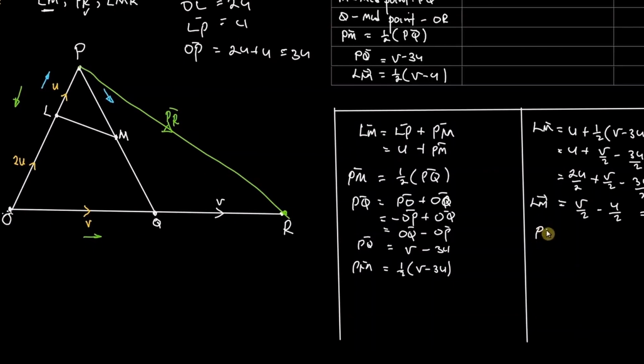Vector P to R is equal to P to O plus the vector going from O to R. Do we have vectors for these? Yes, we do. The vector P to O is negative 3u. We've determined this earlier. Plus O to R. O to R is v plus another v, so it's 2v. So PR works out to be 2v minus 3u.